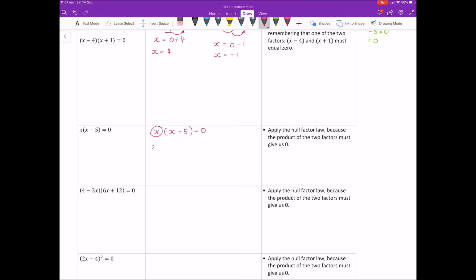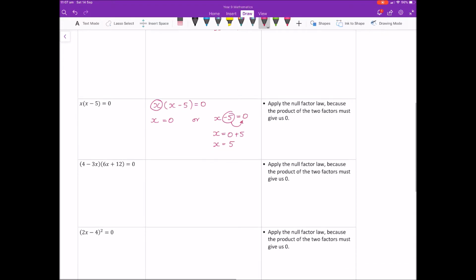All this is saying is that it's x equals 0, or we have x minus 5 equals 0, taking that negative 5 to the other side, so I get x is equal to 0 plus 5, giving me an answer of x is equal to 5. So what this says is that the factors that will make this equation true is either when x is equal to 0 or when x is equal to 5.